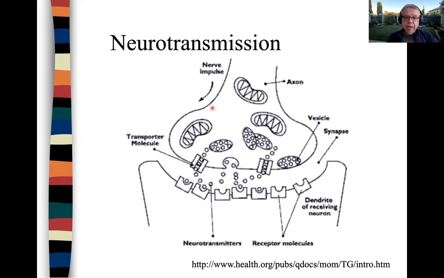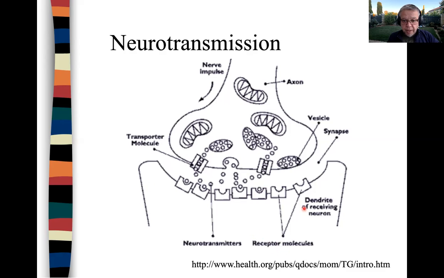So this is the nerve impulse, which is propagated. So this is the axon, the output from the previous cells. And then the information is exchanged, from this axon to the input of the dendrites here, at the synapses, okay?